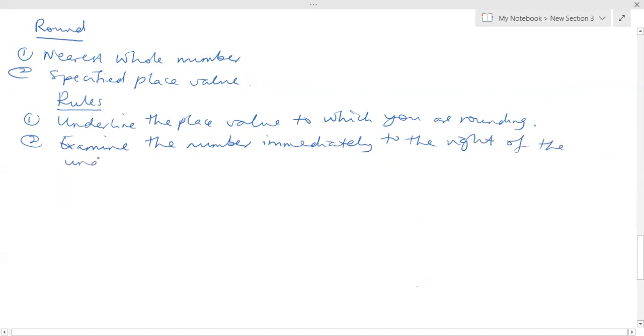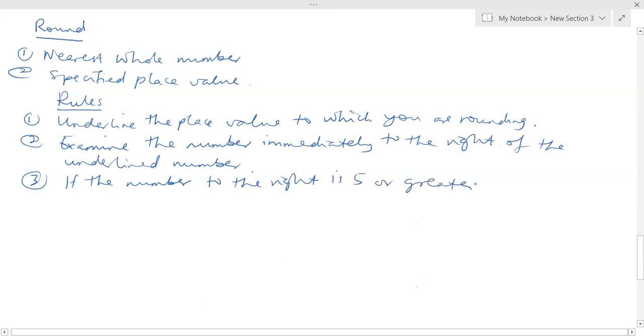And then the third point: if the number to the right is 5 or greater, round the underlined number up by 1.